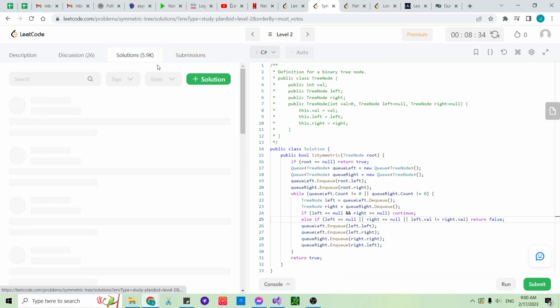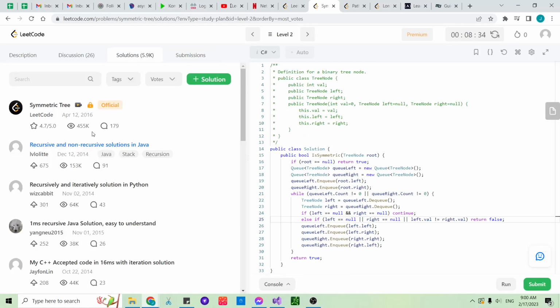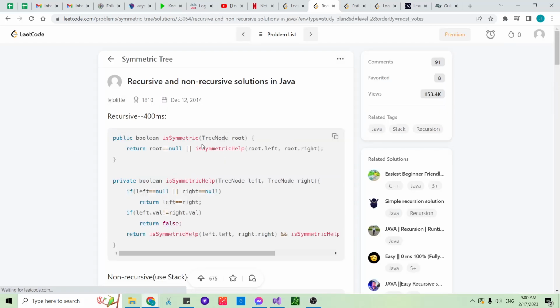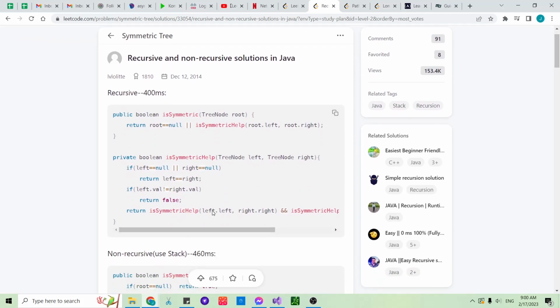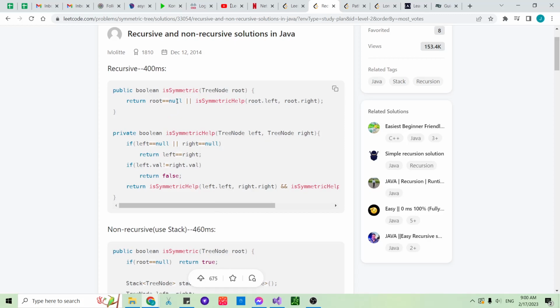I don't have time to look through all the solutions right now. Let me just check quickly. Recursive. If one of them is null, we just return that.